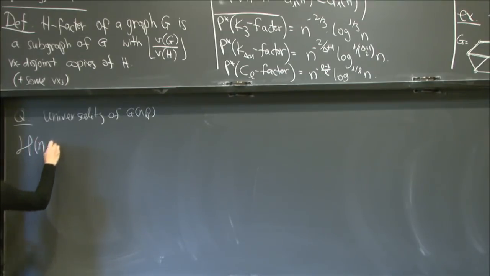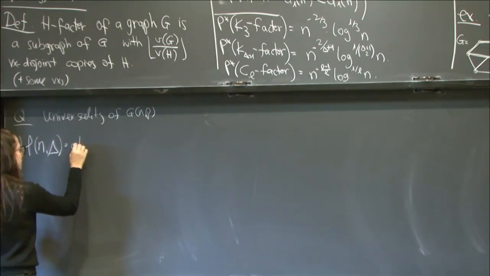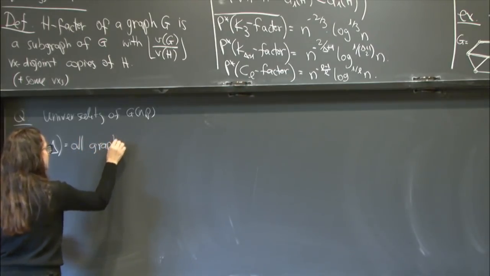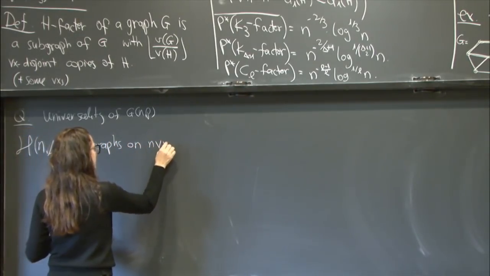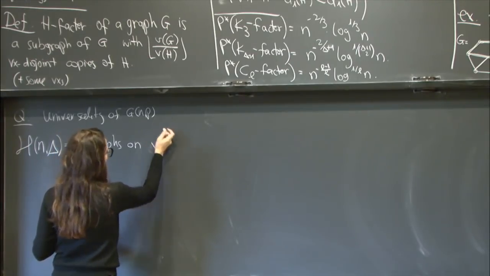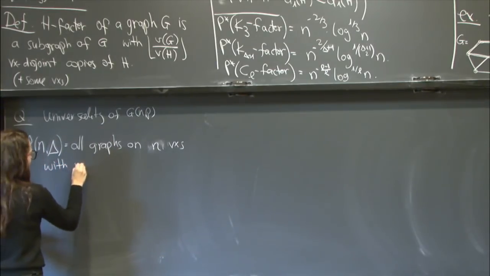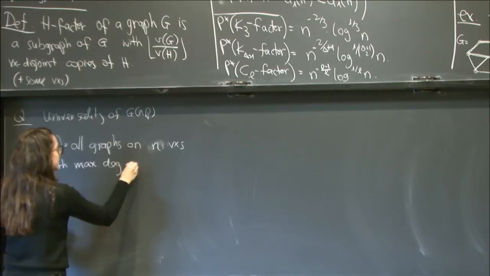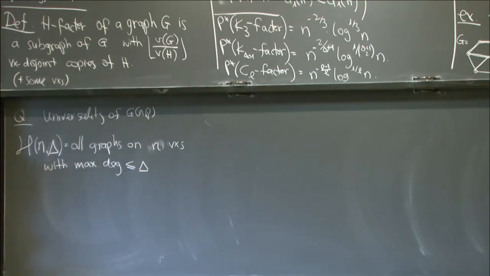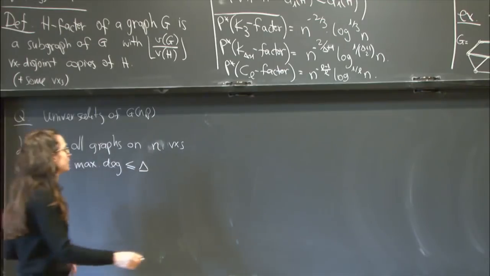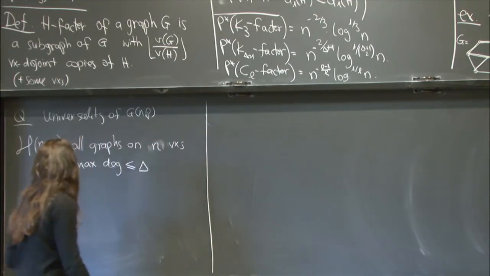So H(n,Δ) will be the family of all graphs on n vertices with maximum degree at most Δ. Okay, so I allow isolated vertices, I allow edges, I can have a very small degree also, but I want to restrict myself only to graphs with some predetermined maximum degree, which is Δ. And I want to talk about the universality of this family in G(n,p).